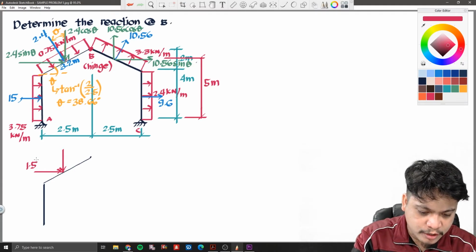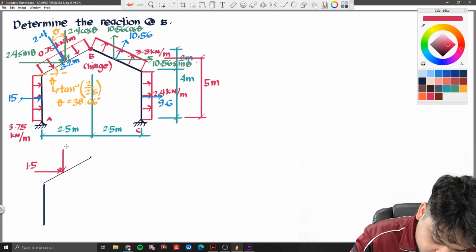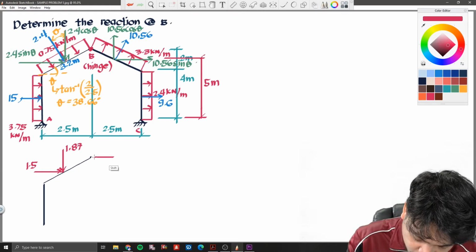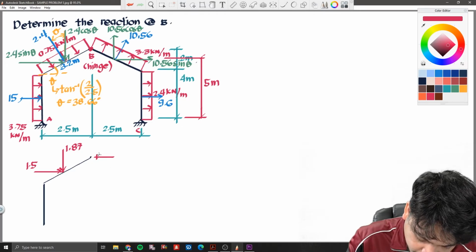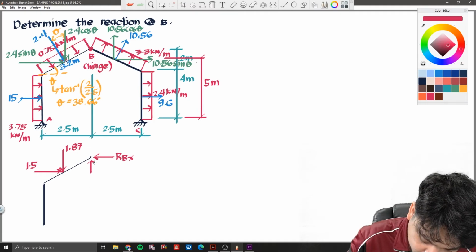And yung isa is cosine naman. So, cosine, and that's 1.87. Then dito mag-a-assume ako ng direction. So, I will be having here RBX, and then I will be having here RBY.